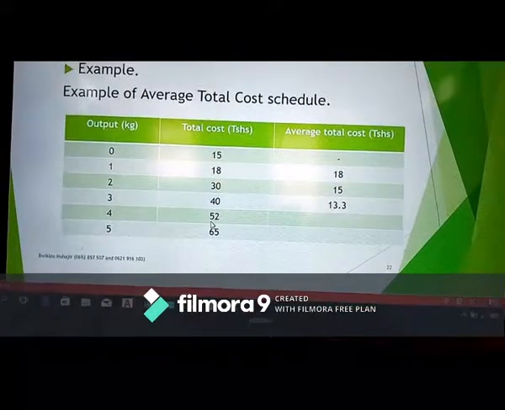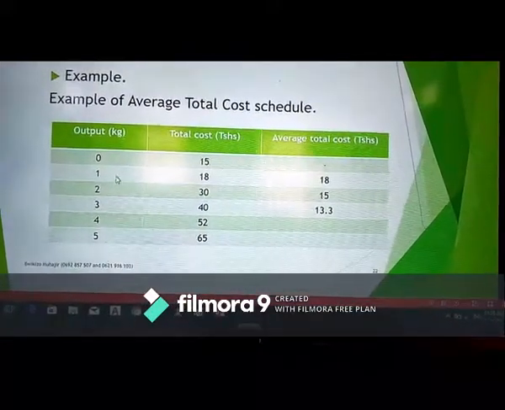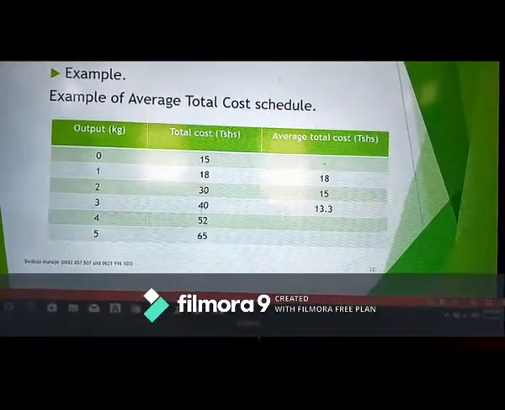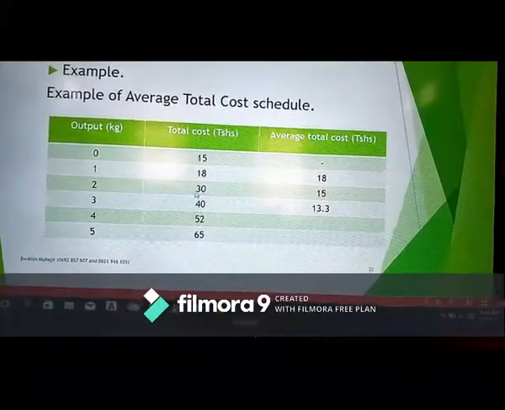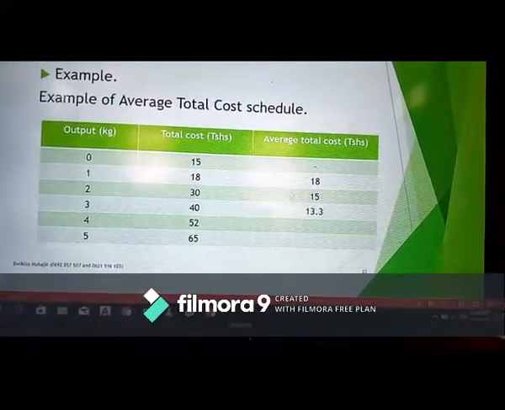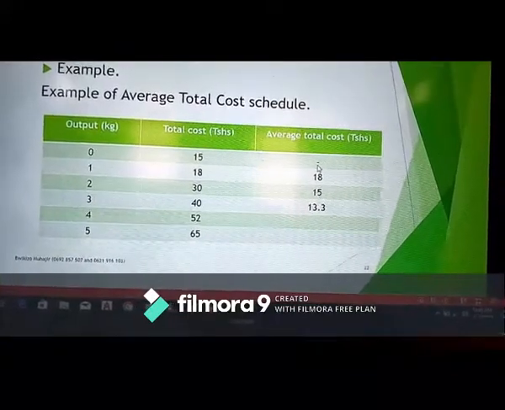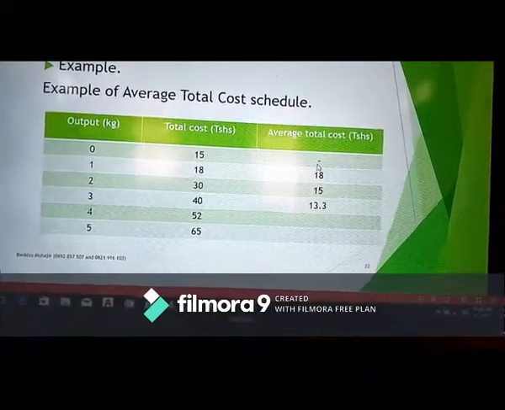Now consider an example that you have 6 levels of output. Here is the total cost. Then you have to find the average total cost. At level 0 it is a dash as usual, because we cannot take 15 over 0.